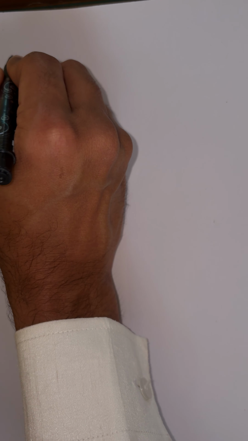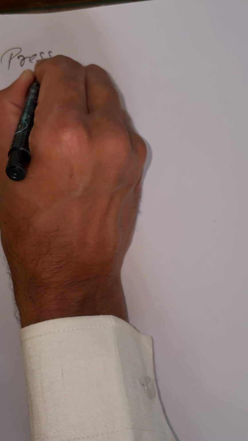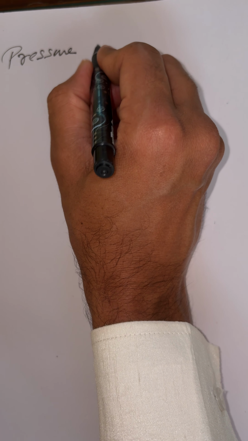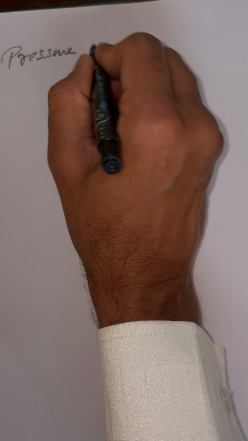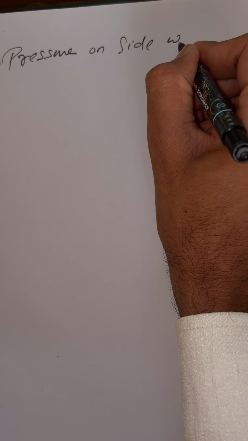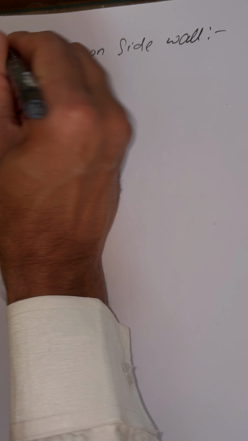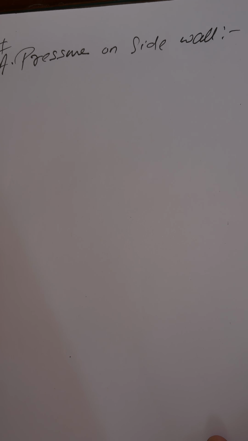Next, I wanted to discuss what we found, because there are 3 questions. These are all interlinked to each other. Students, here I can say pressure, or you can write in a better way, it's the average pressure on the side wall. Average pressure on the side wall, students.